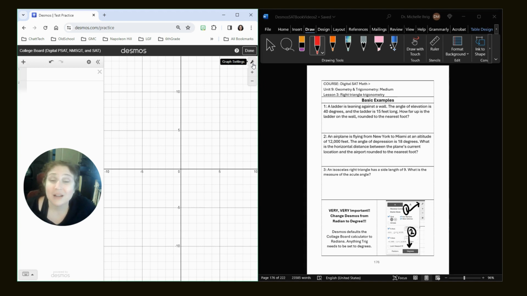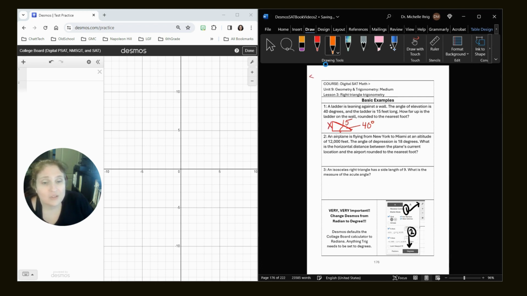All right, let's go ahead and get started on Unit 9, Lesson 3 from Khan Academy, Right Triangle Trig. Here's question 1. A ladder is leaning against a wall. So here's my ladder. The angle of elevation is 40. The ladder is 15. How far up is the ladder on the wall, rounded to the nearest foot? So again, we've got SOH, opposite over hypotenuse, CAH, adjacent over hypotenuse, and TOA, opposite over adjacent.